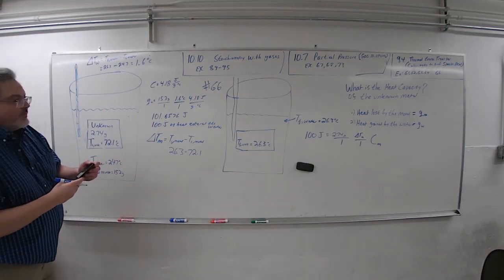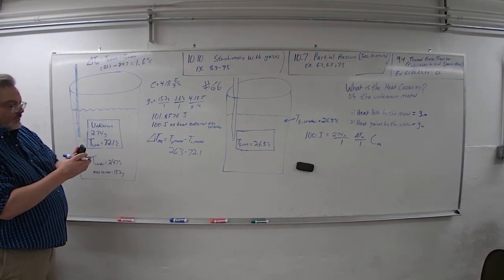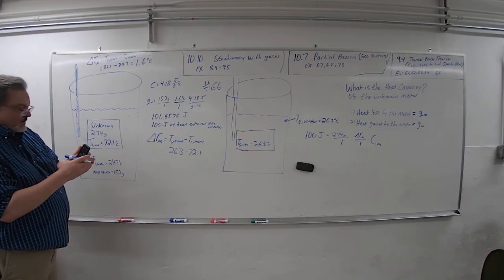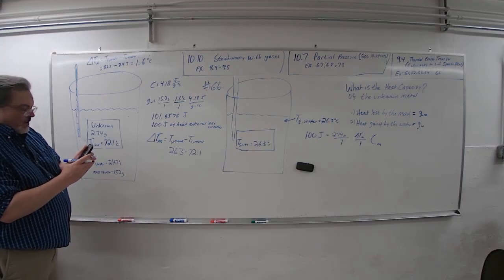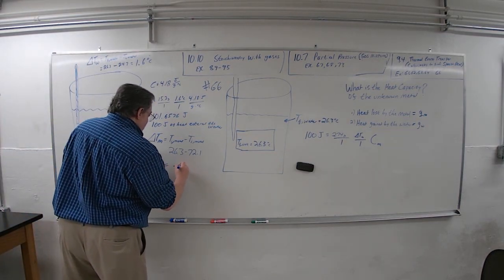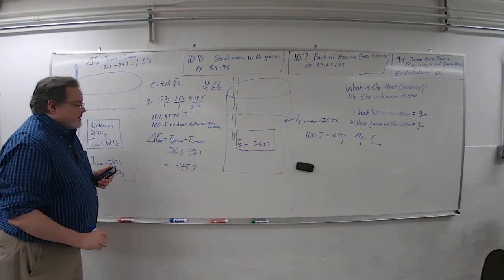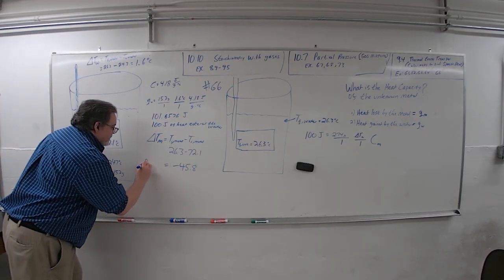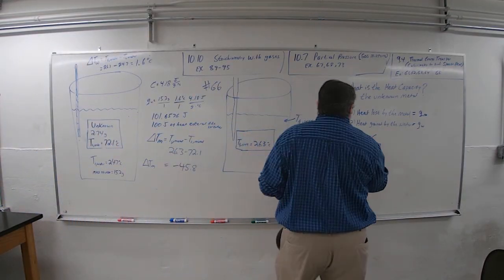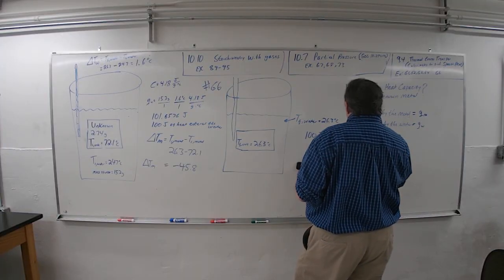This is going to be negative, but we'll just do absolute value. So 26.3 minus 72.1, the delta T is negative 45.8. But I'm just going to use the absolute value, 45.8.